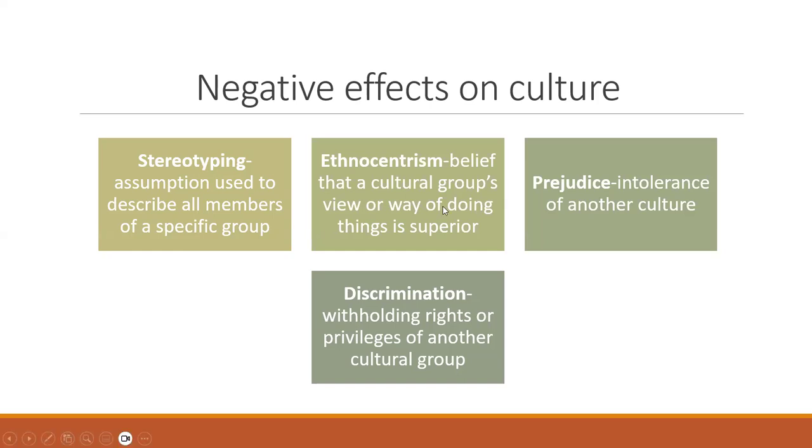Ethnocentrism: there's only one way, and that's my way. No. We want to include our patients' preferences. We don't want to assume that all members of one specific group are a certain way. That's stereotyping. These are negative effects on culture. So we want to make sure that we're not being prejudiced.